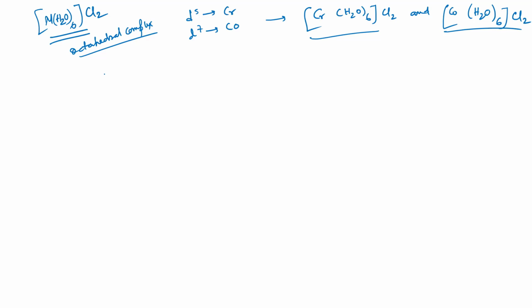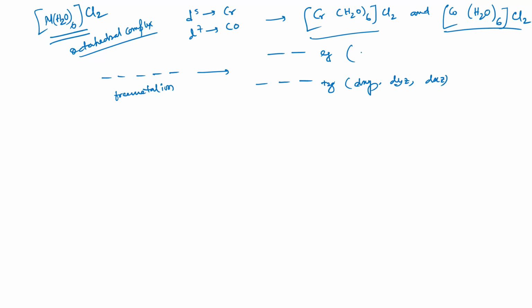This is t2g and this is eg. The t2g set comprises dxy, dyz and dxz orbitals, and the eg set comprises dx2-y2 and dz2 orbitals. This happens because of the crystal field splitting.